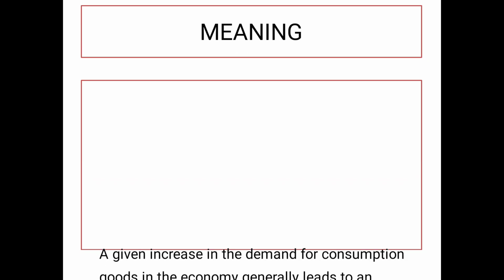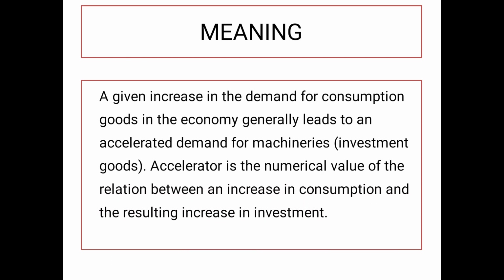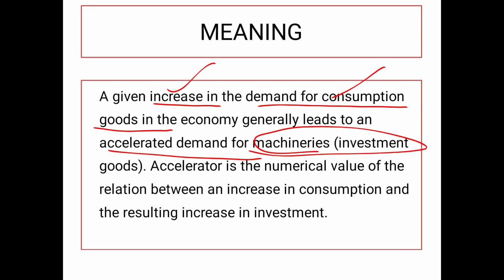Now we are going to see the meaning of accelerator. A given increase in the demand for consumption. Consumption increases there. When consumption increases, automatically there is a demand for goods in the economy, which leads to accelerating demand. When demand increases, machines have to be brought in.